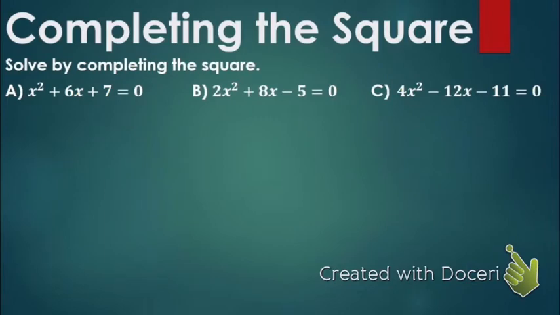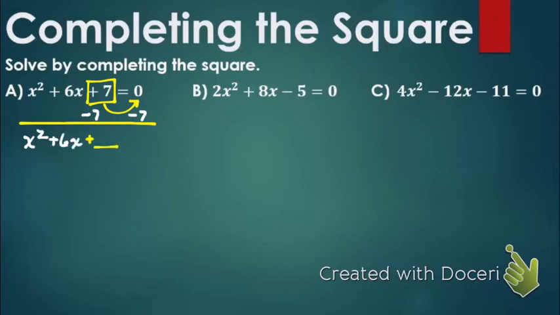So when I'm solving using completing the square, this piece right here, we want to kick to the other side. So I'm going to have to subtract 7 from both sides. So I would have x squared plus 6x, and I'm going to put a blank line in there.